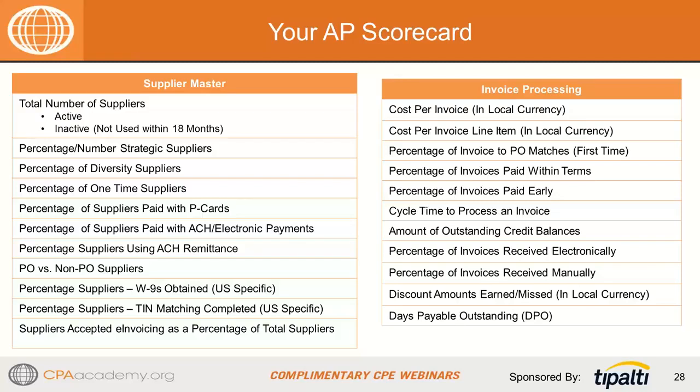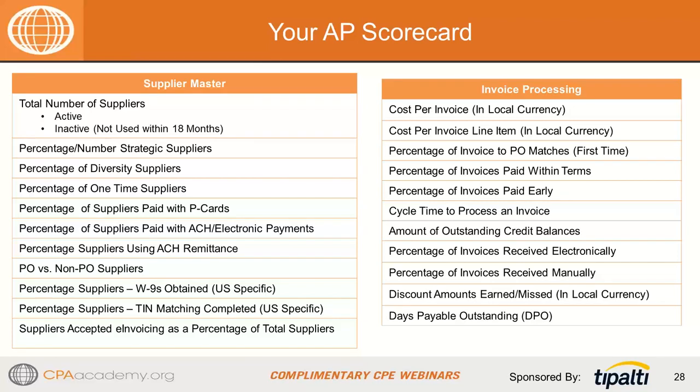Percentage or number of strategic suppliers, diversity suppliers, percentage of one-time suppliers, which could flag an issue or a process weakness, percentage of suppliers paid with P cards, which means procurement card, suppliers paid with ACH, electronic payments, and percentage of suppliers using ACH remittance rather than a manual remittance, PO versus non-PO suppliers, and the suppliers that we're obtaining W-9s from, and suppliers that we're performing TIN matching with.